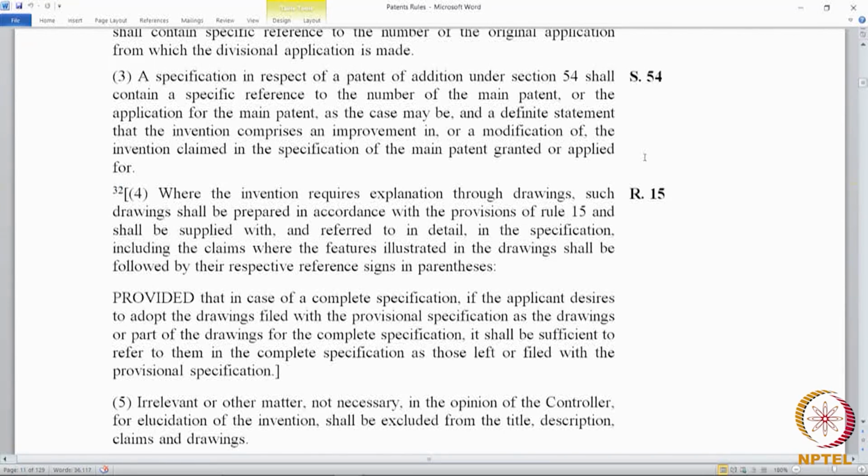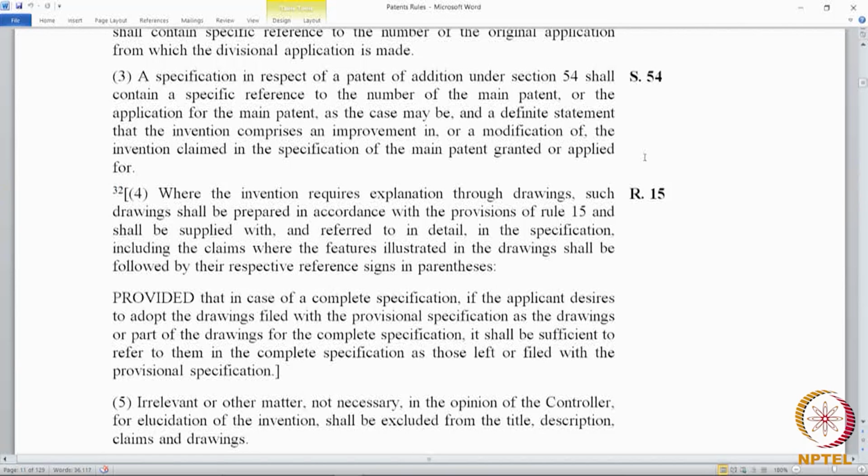If you see the claims that have been drafted after the 2016 amendment, you will find that the claims will also have within brackets the corresponding number to the reference in the drawing.